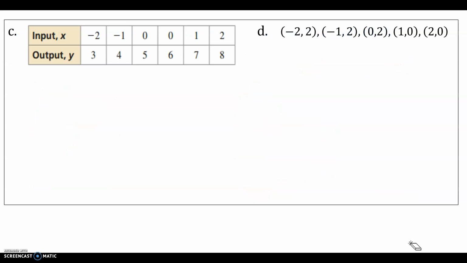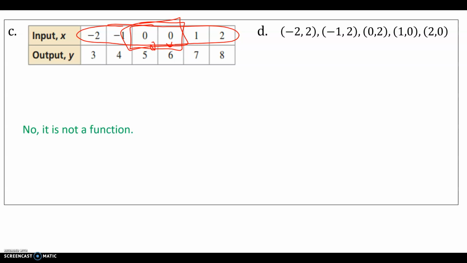Okay, so let's do another example. This is an example of another table. If you look at all your inputs, I don't see any repeats except for these double zeros. A 0 cannot go to 5 and cannot go to 6. It can't happen. A 0 can't have two birthdays.